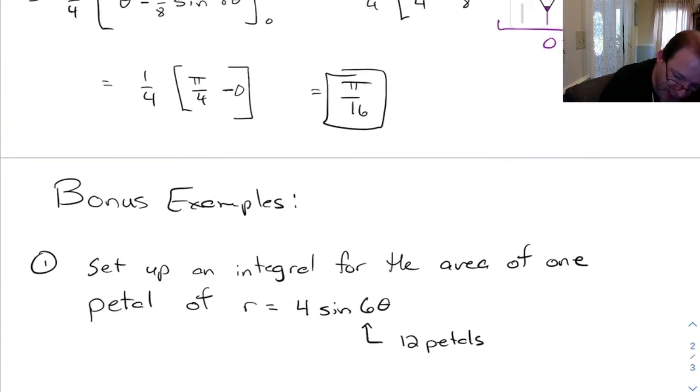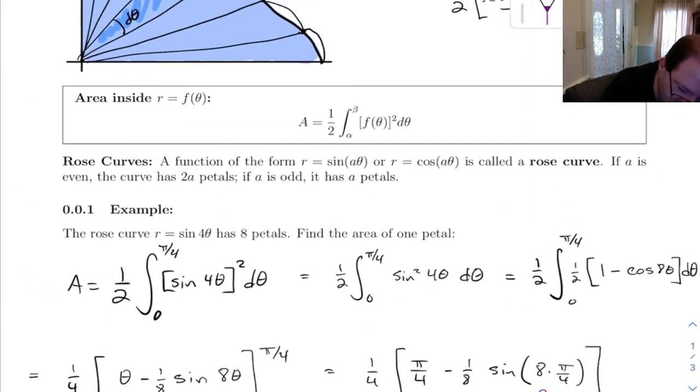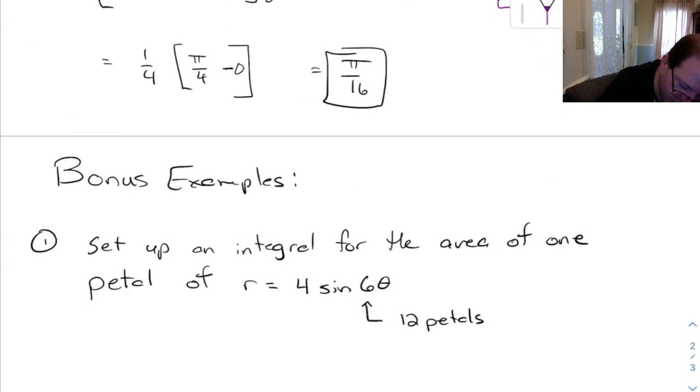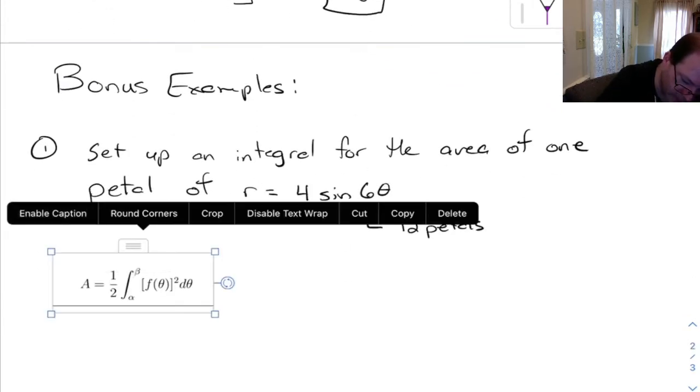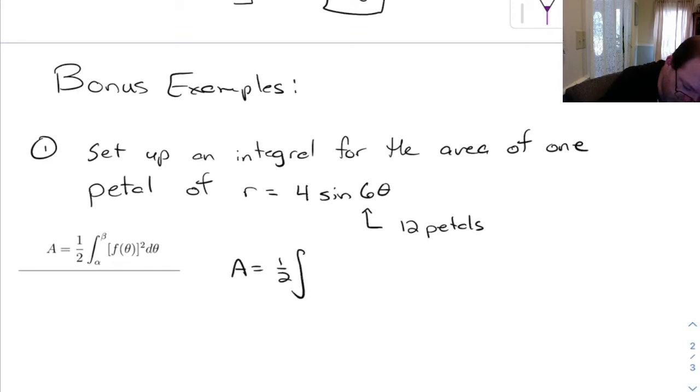Now as far as setting up the integral itself, the endpoints are the trickier part. The rest of it is pretty straightforward. Our area for this petal is going to be 1/2 integral of f of theta, so 4 sine 6 theta, this whole thing squared, d theta.